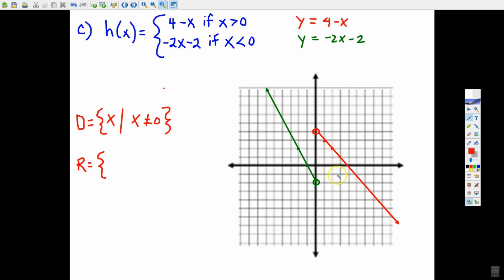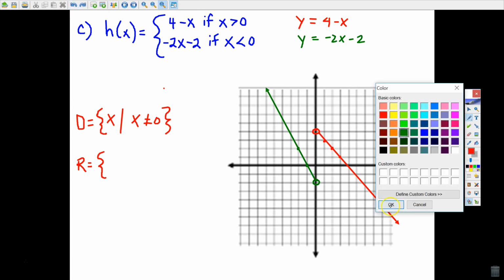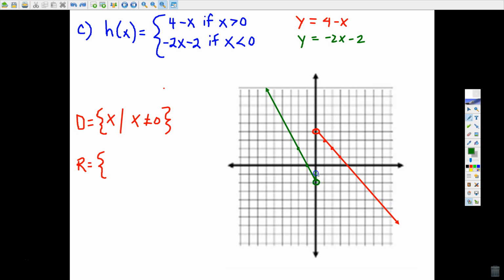If you put both together, from this point upward, we're going to involve every single y value from negative 2 to positive infinity.